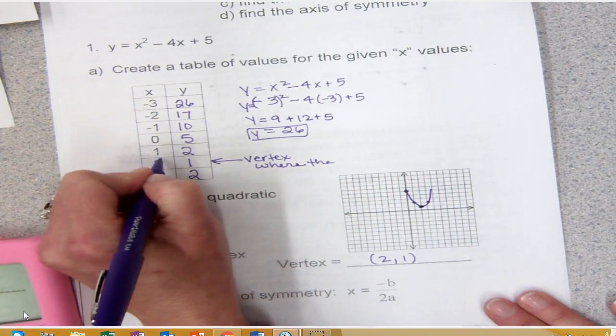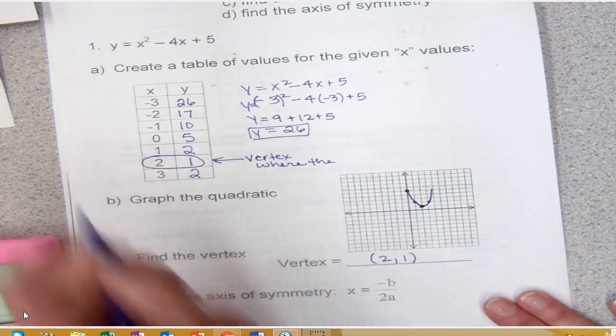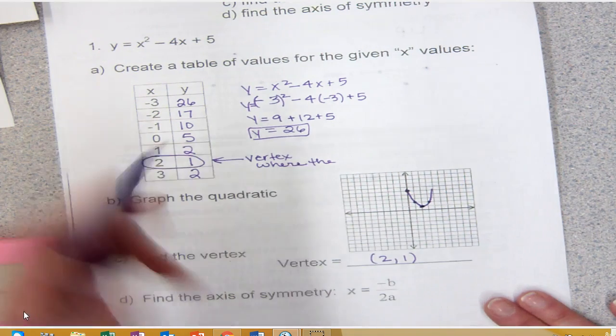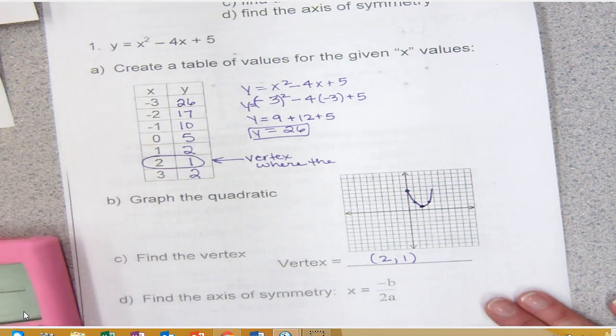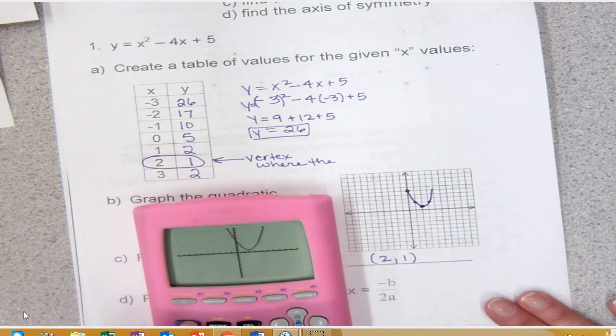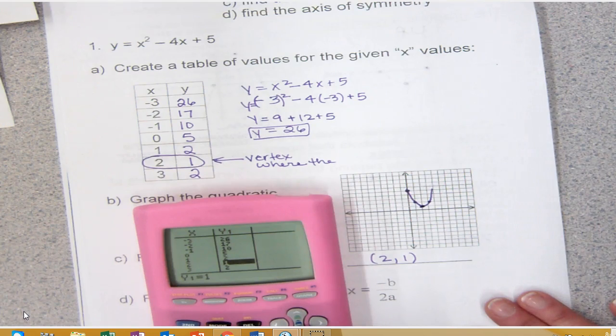Here's my vertex right here. And I can tell that from my table because the numbers are going down, down, down, and then they start going up. If I want to make sure, I can go back to my table and scroll down a little bit. So there's my 2, 1.